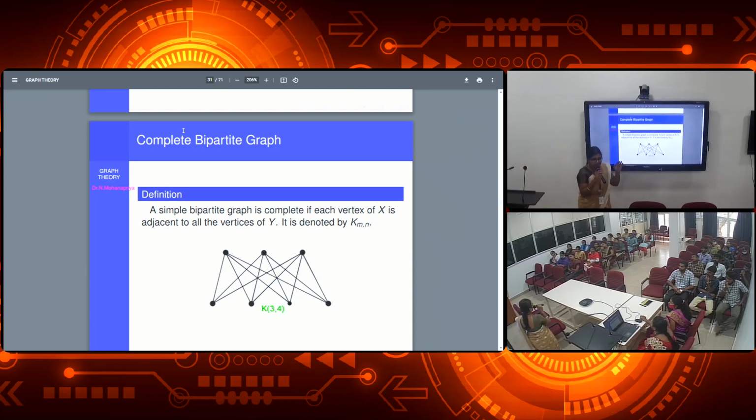That means we have to divide the vertex set into two sets, X and Y. Each and every vertex of X should be adjacent with all the vertices of the set Y. Then each and every vertex of Y should be adjacent with all the vertices of X. That is a complete bipartite graph. There is a difference between the bipartite and complete bipartite graph. We will denote the complete bipartite graph by the notation K M,N. Here M denotes the number of vertices in the first set and N denotes the number of vertices in the second set.